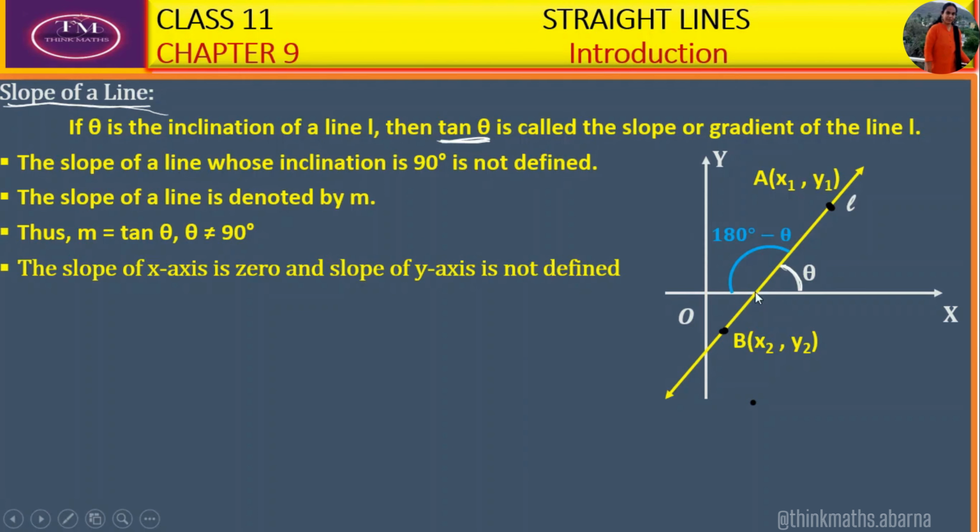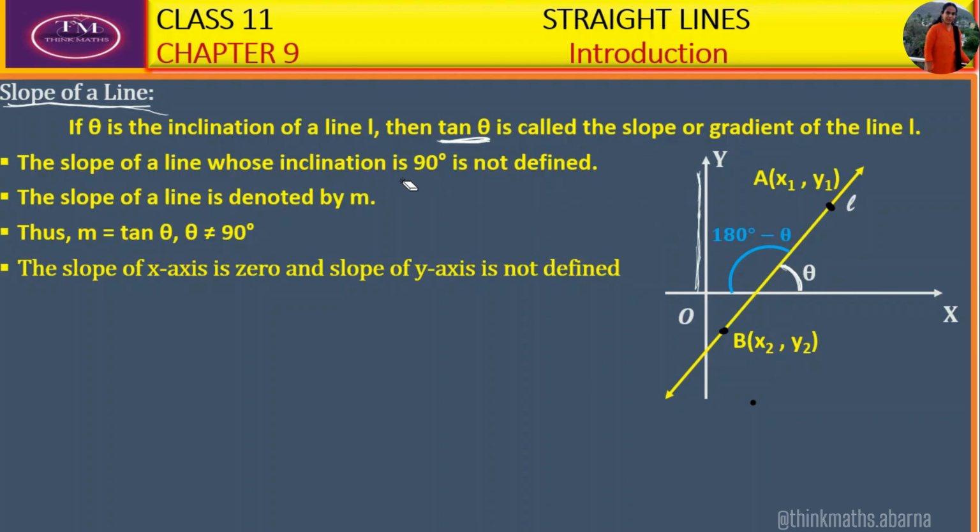That is, it will coincide with the y-axis. But tan 90 is not defined. What is tan 90? Sin 90 by cos 90. Sin 90 is 1, cos 90 is 0. This is not defined. So if the line coincides with the y-axis, then the slope is not defined.